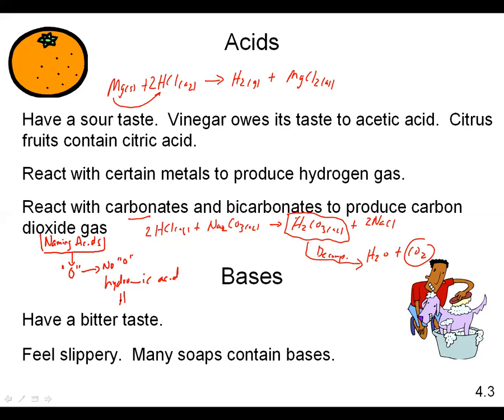So HCl is hydrochloric acid. HBr would be hydrobromic acid. And typically with acids, we put the aq next to it, which implies an aqueous solution. That's what distinguishes hydrochloric acid from hydrogen chloride gas.